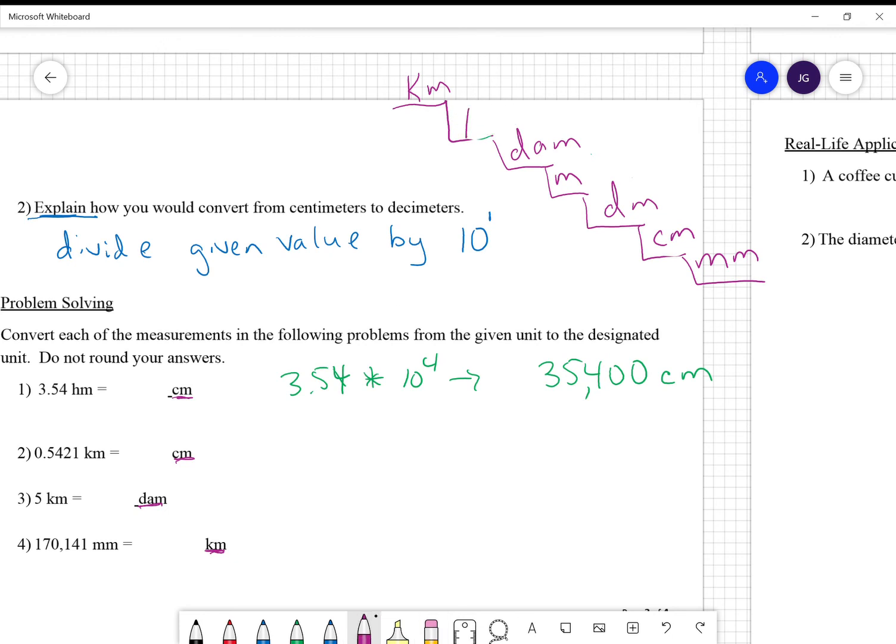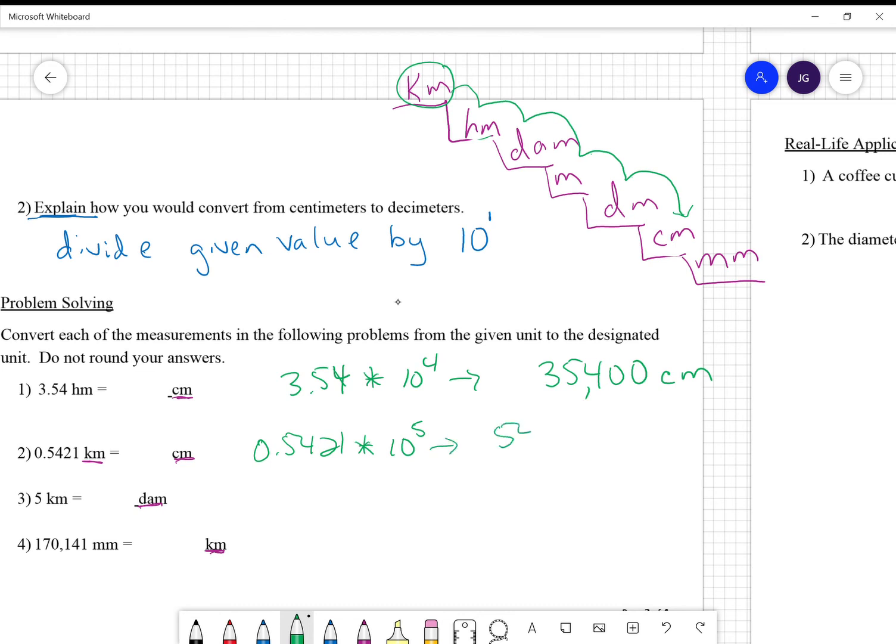Okay, the next example. 0.5421 kilometers to centimeters. Kilometers, 1, 2, 3, 4, 5 steps down. 0.5421 times 10 to the 5th. Multiplication because I went down, 10 to the 5th because it was 5 steps.